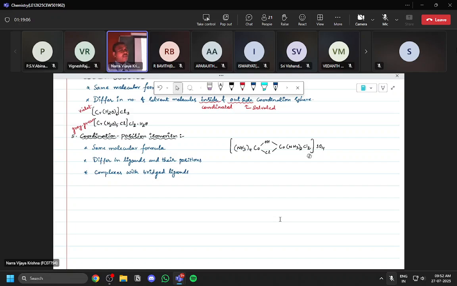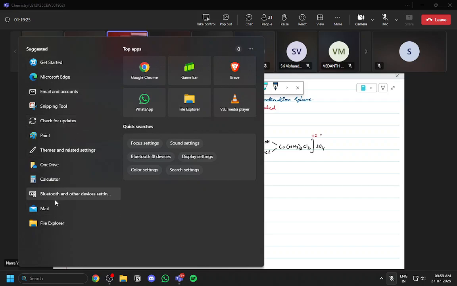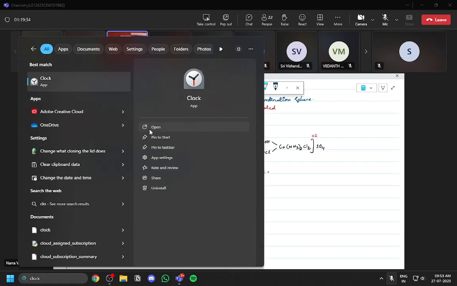Can you give the IUPAC nomenclature of this complex? Give the IUPAC name of this complex. Tetraamine. First identify the oxidation state of cobalt. Here 2 minus means we can write +2 here, so overall +2. 4 ammonia molecules means 0, so 4 into 0. 2 cobalt, so I'm writing +2x.